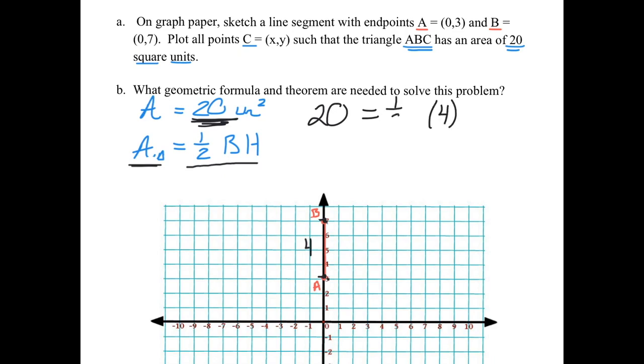So I'm going to put that inside my formula. We have 20 equals 1/2 base times 4. Now I'm not positive what my base is going to be, because that depends on where C is on my graph. Let's simplify this formula a little bit. 1/2 times 4, or 4 divided by 2, is going to equal 2.